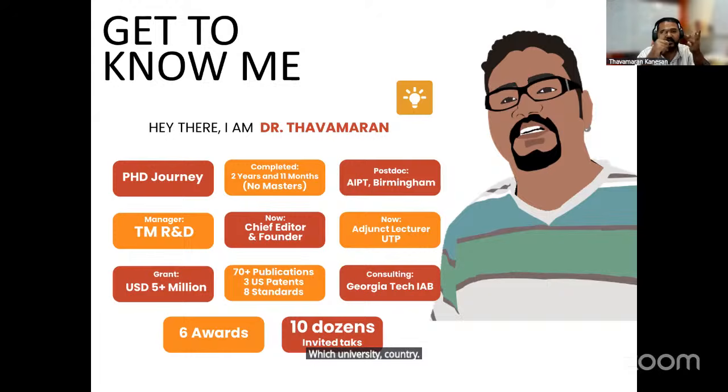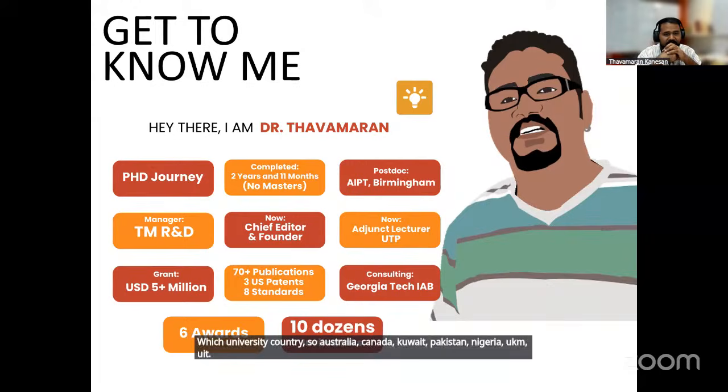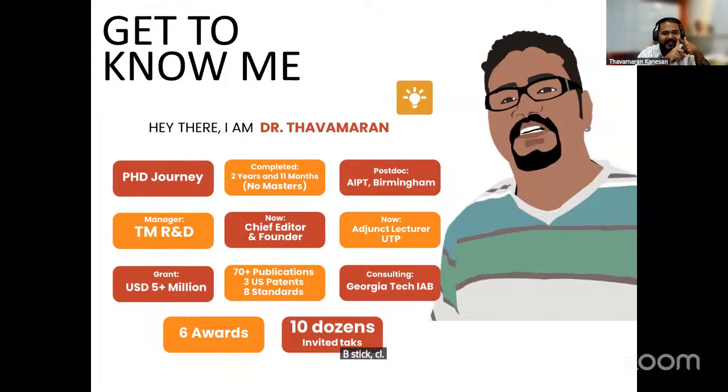So Australia, Canada, Kuwait, Pakistan, Nigeria, UKM, UITM, okay, definitely. Palestine, UM PhD, very good. Kenya, Nigeria, UK Masters, PhD, Sri Lanka, UTM, PhD, Klang. Ghana, UAE, Brunei, South Africa, PhD, Inti Nilai, Masters from Port Klang.